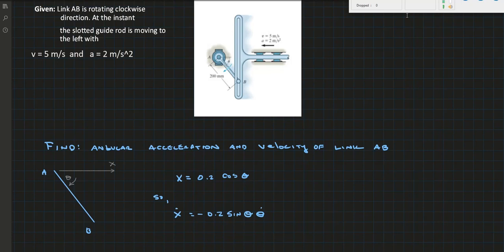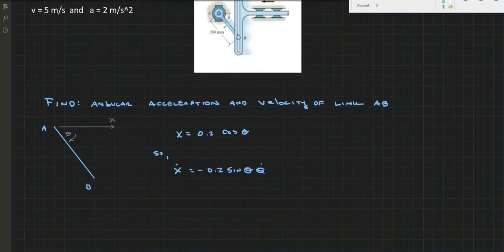I forgot to give the instant when theta, let's say, equals 60 degrees, the slotted guide rod is moving to the left. So we need that in order to solve for theta. Now let's put in our values. We have given 5 meters per second velocity here. This is negative because the direction of our velocity is opposite how I plotted my x.